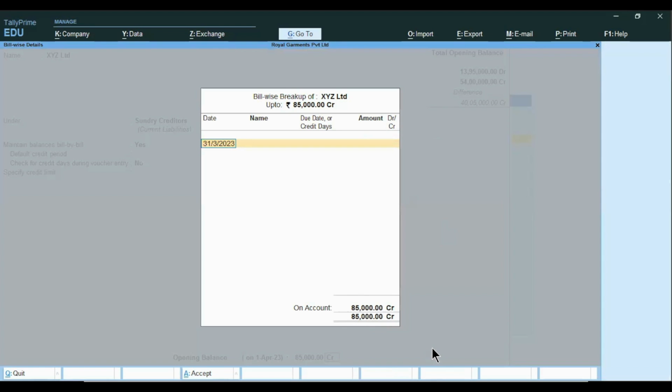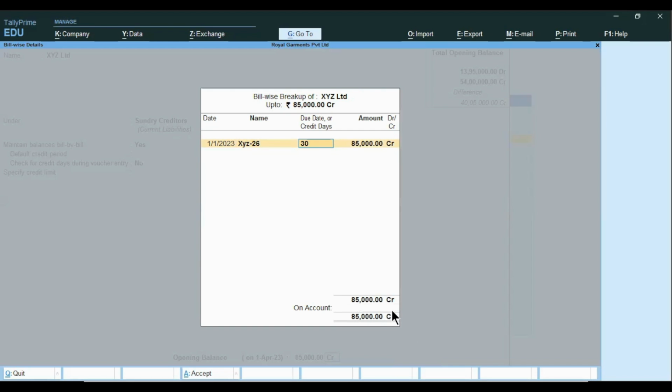Suppose this 85,000 opening balance is for three bills. The bill dated 1st of Jan 23, bill number XYZ 26.